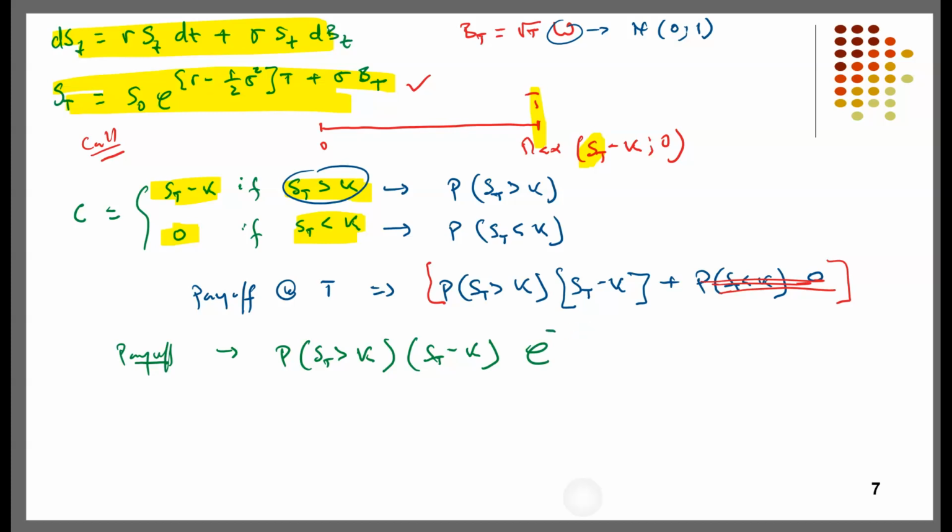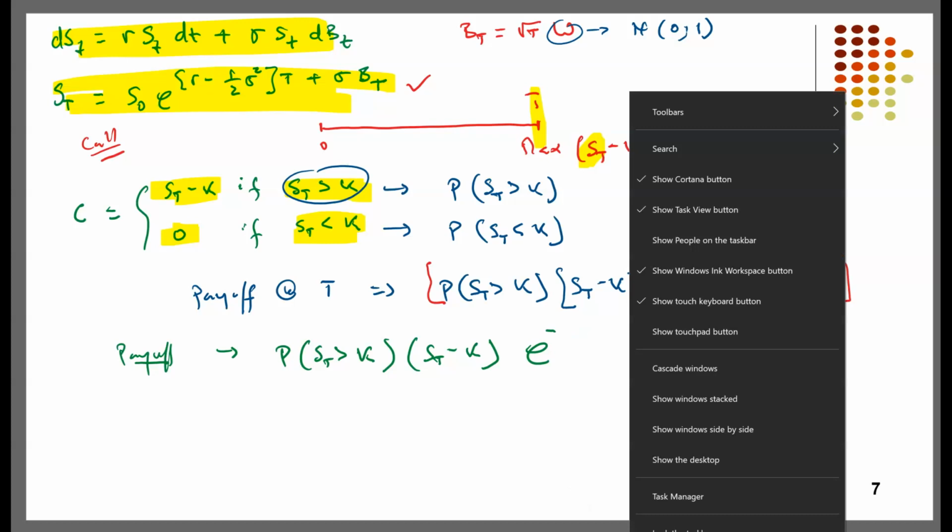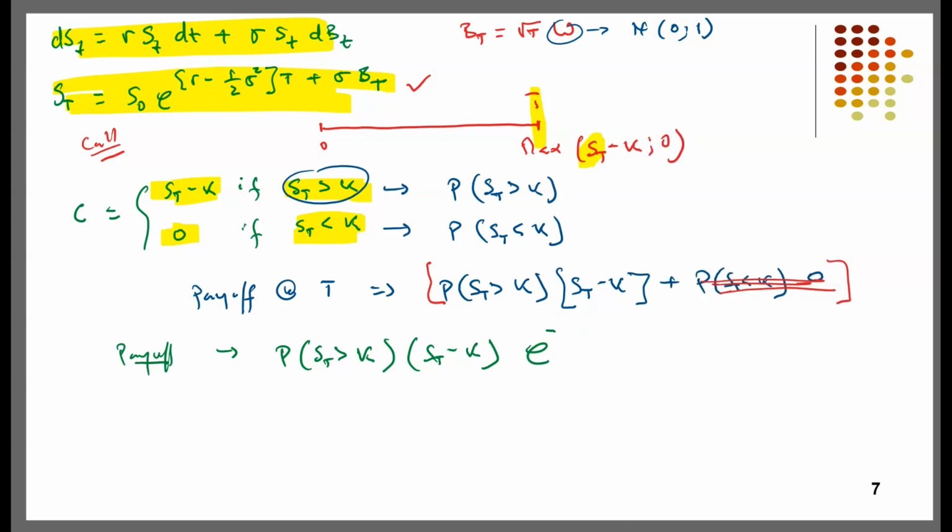And remember, R is our risk-free rate of return, and you know why we're using the risk-free rate of return here. So we've discounted that. In that case, this value here would be equal to our call option value. This is how simple the Black-Scholes option pricing model is. That's all there is to it.